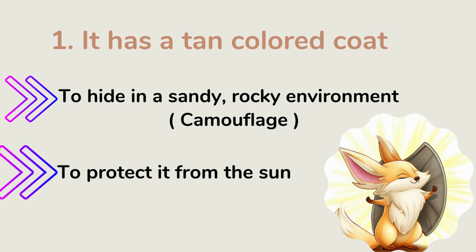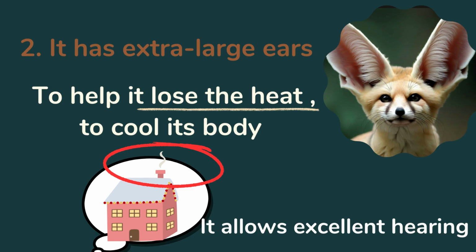Then the second point that we said is a structural adaptation: it has extra large ears. So why? These large ears help it to lose heat to cool its body. You can imagine that its ears are like a chimney.